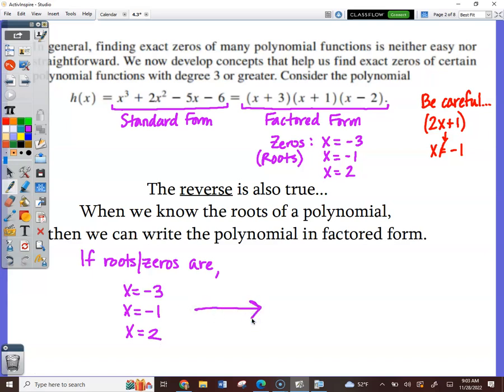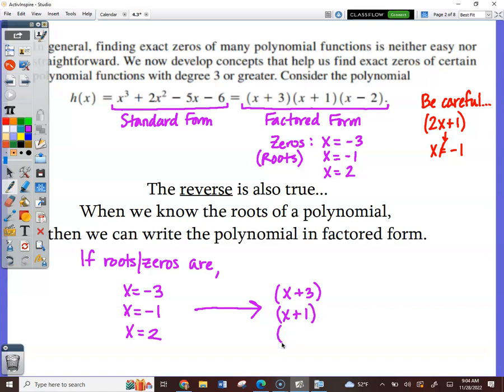You're going to say, oh, okay, well then, -3 comes from what factor? To get it, just solve, get everything to one side. So add the 3 over. That comes from this factor, right? What does -1 come from? X plus 1.